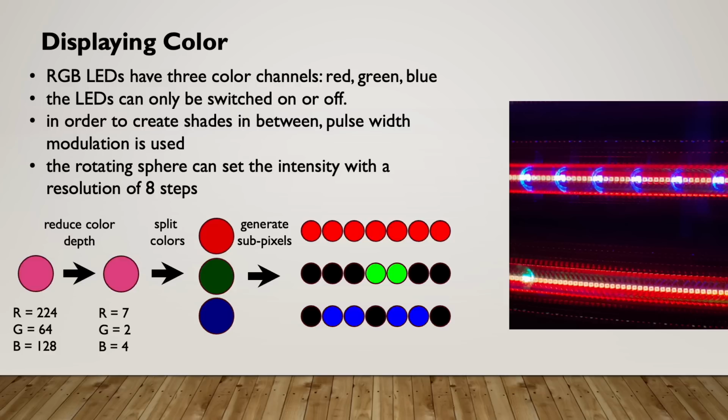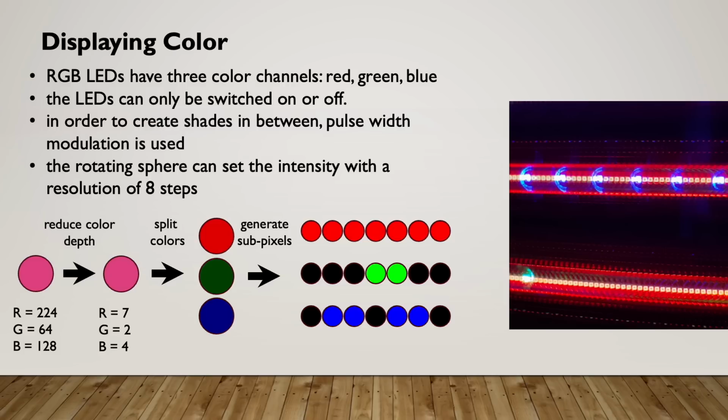First, the color depth is reduced. That means we limit the number of brightness levels that can be represented for each color. This display supports 8 brightness levels from 0 to 7. To display them, 7 subpixels are shown in rapid succession, where the LEDs are either turned on or off depending on the desired brightness.